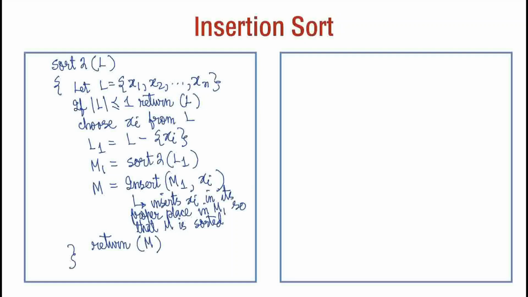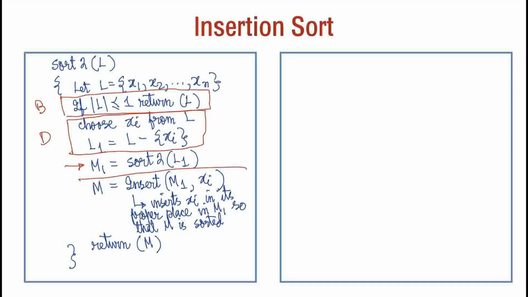Now, if we analyze this more carefully, this is our base condition. This is our decomposition function. This is our recursive function, and this is our recomposition function. And how do we insert this element xi in a sorted list M1?